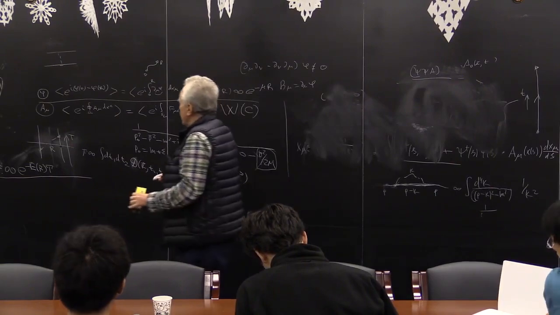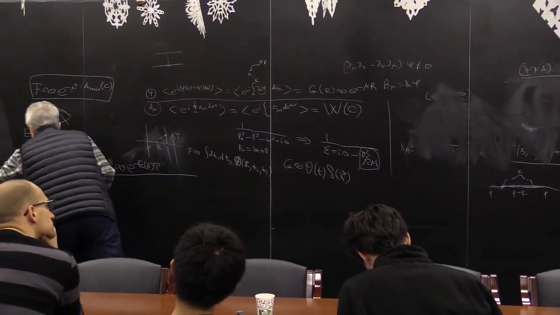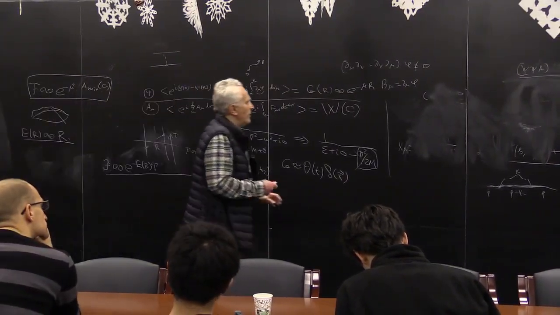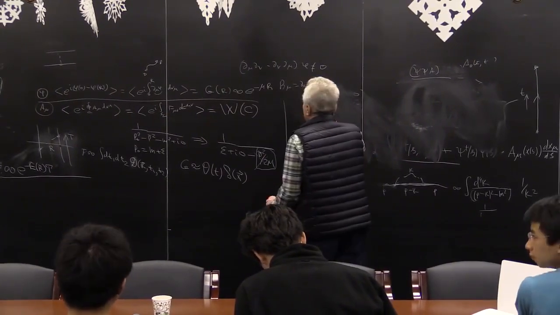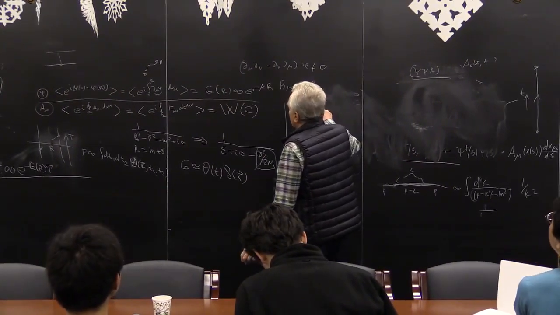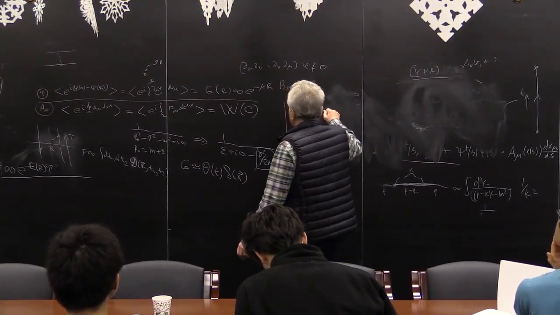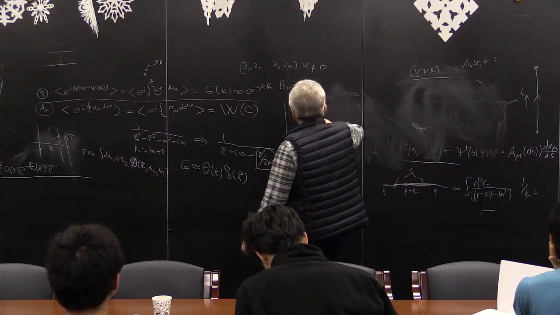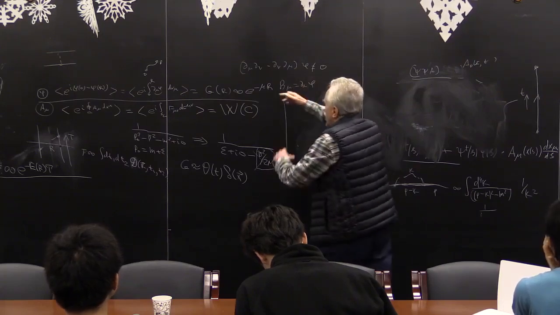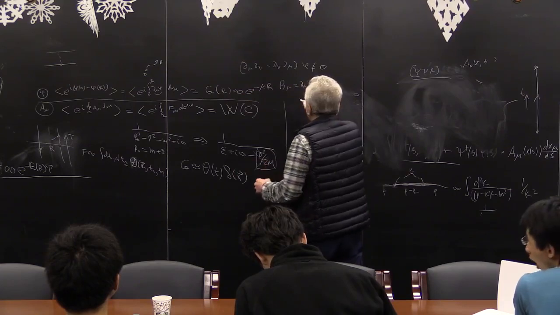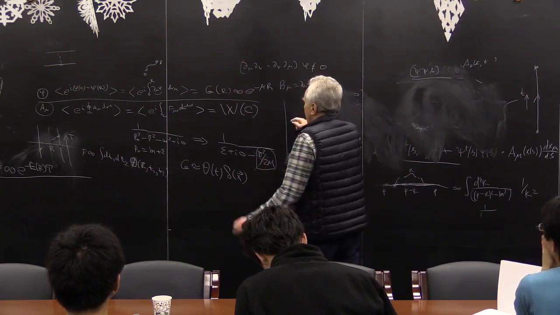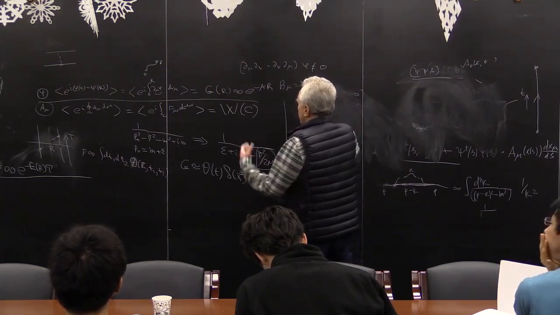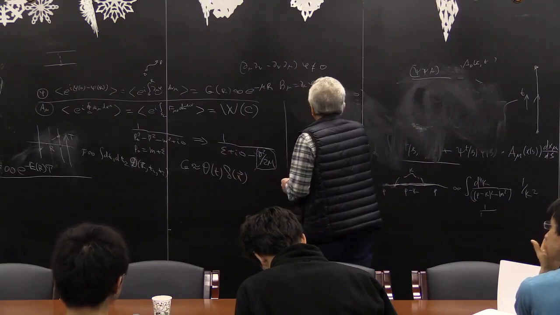Notice the following simple thing, that if you have the action which was, let's again do it in parallel here and here. I will give you first a pseudo derivation.